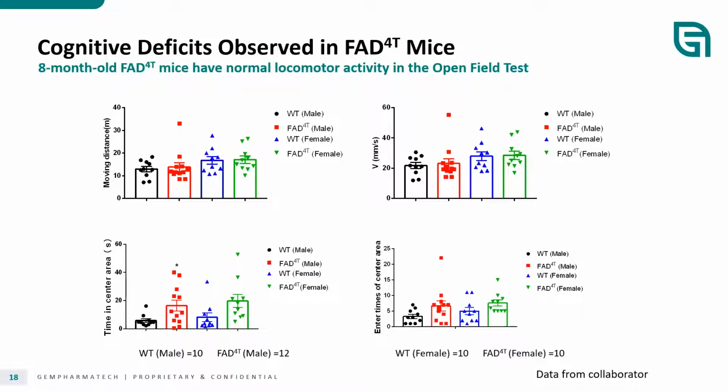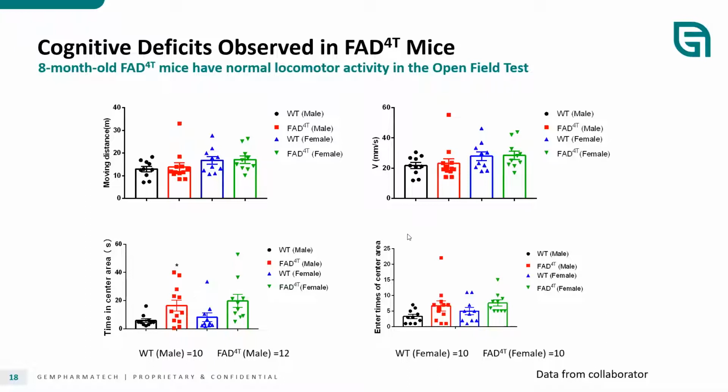Cognitive deficits were observed in FAD4T mice in both males and females, and with the actual moving distances, this is conducted using an open field test. In the moving distances, the wild type and the FAD males had similar moving distances as females, and the velocity, the speed at which they're moving when they're roaming around, was similar.